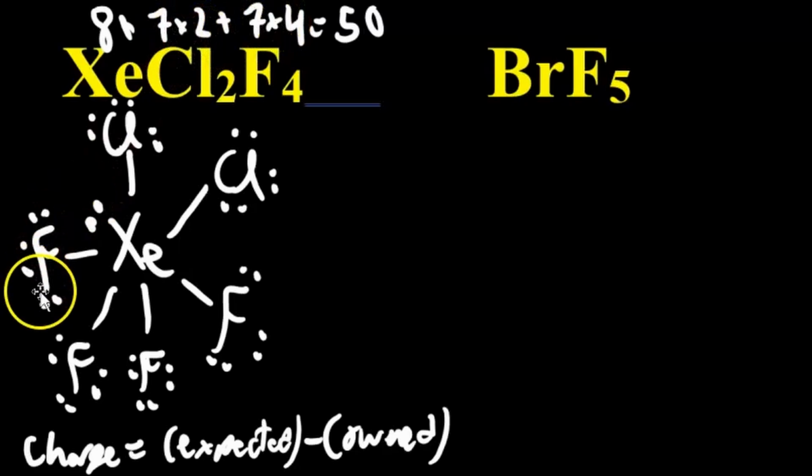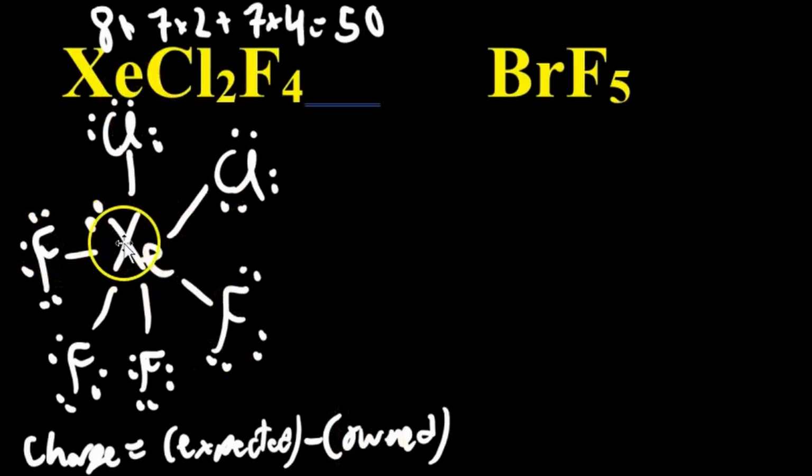And each one owns, doesn't own 7. 1, 2, 3, 4. Oh yeah, it owns 7. There's 6 non-bonding and then 1 electron in each bond. So 1, 2, 3, 4, 5, 6, 7. So this one owns 7, and they're all the same. They all expect to have 7 based on the periodic table. They all own 7, so there's no charge.